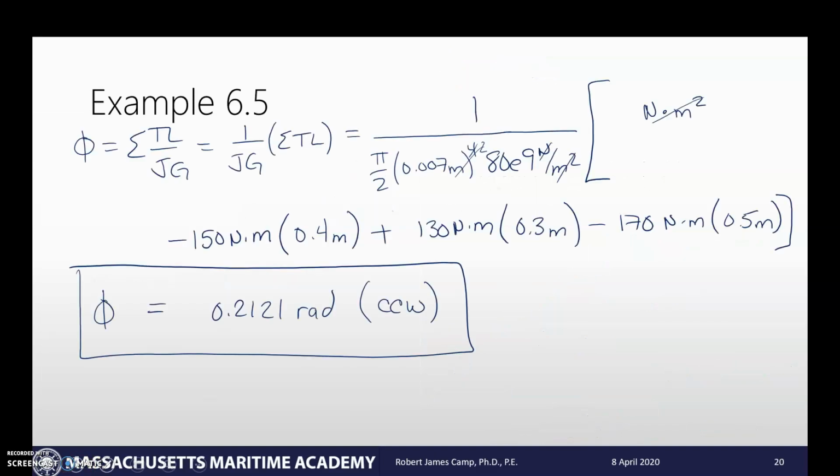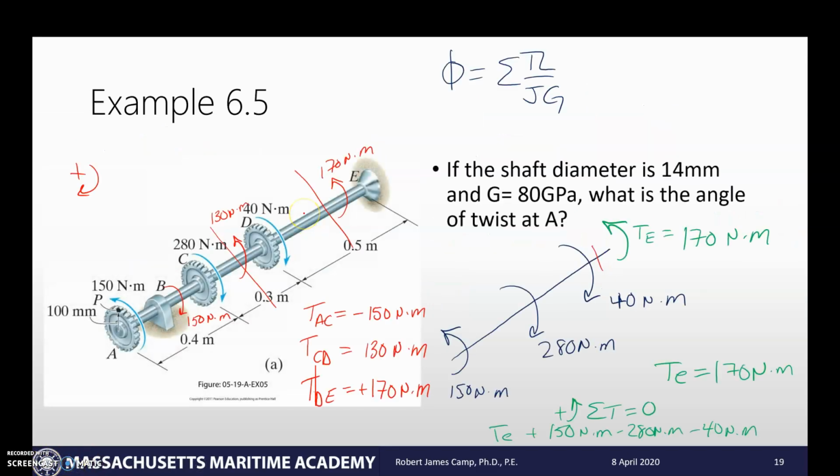And as we come down here, this should be positive 720 and not negative. So I had the signs messed up, but you're still going to end up with a 0.2121 radian angle of twist. If you're working along with this problem and wondering, it's that right there. It's my mistake because I accidentally flipped this.